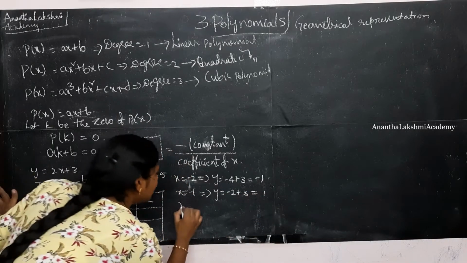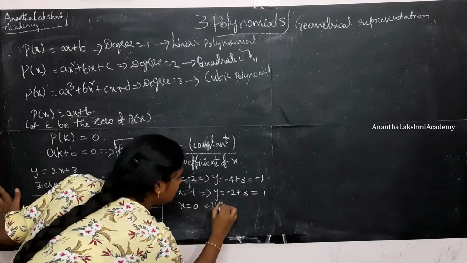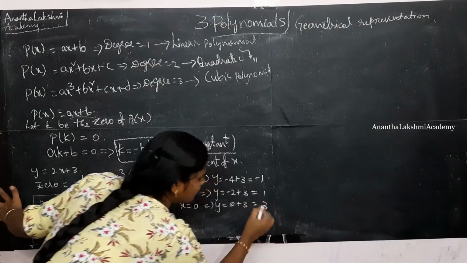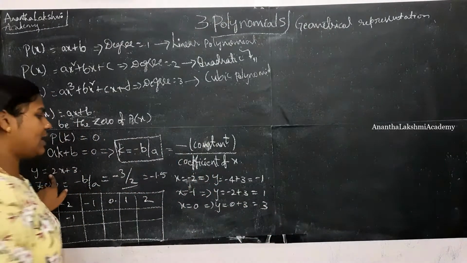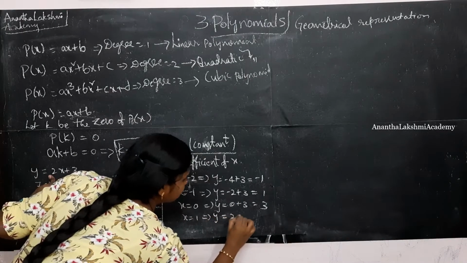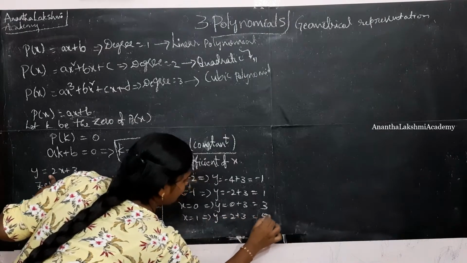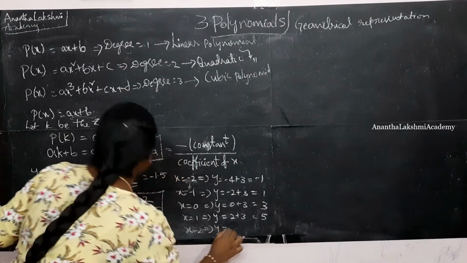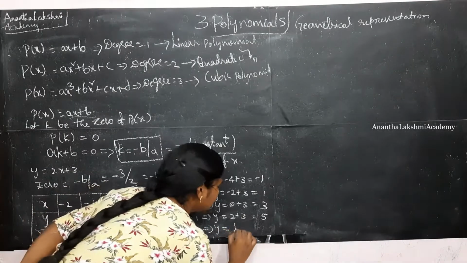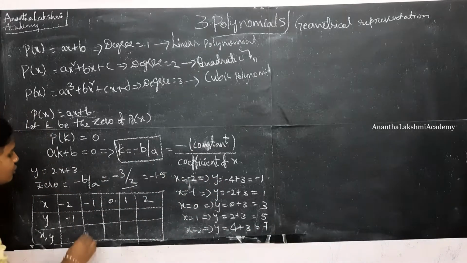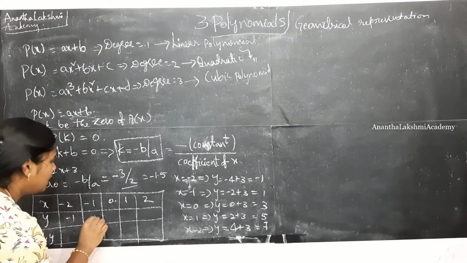That is 1. When x is equal to 0, y is equal to 2 into 0 is 0 plus 3. Alright. Then when x is equal to 1, y is 2 plus 3, 5. When x is equal to 2, y is 4 plus 3 is 7. Alright.